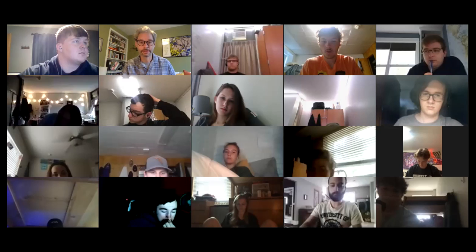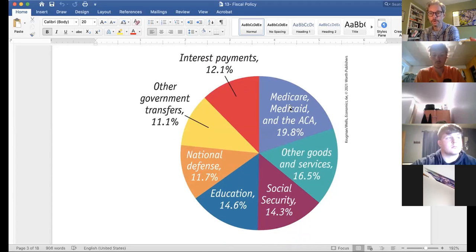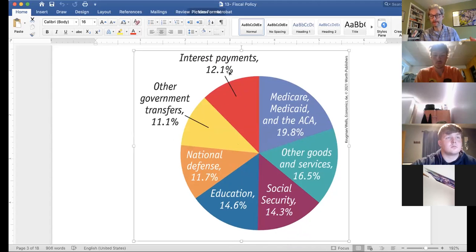If we go back and look at this pie chart, okay, let's go around the pie here again. Interest payments, those are set. The government cannot impact those. Those are determined by the market and how much they've already borrowed. Medicare transfer program, very popular, particularly among old people who vote.